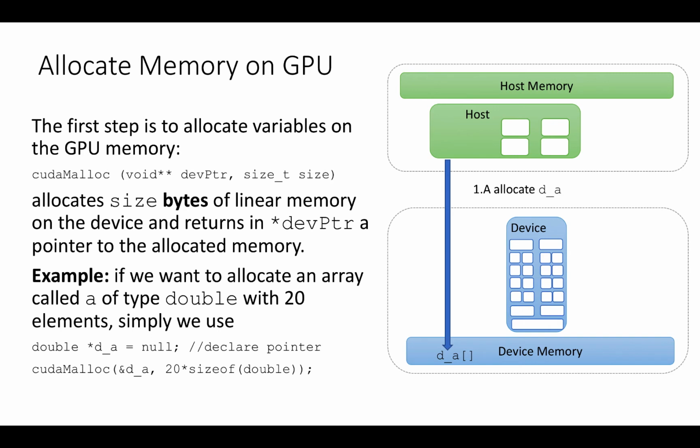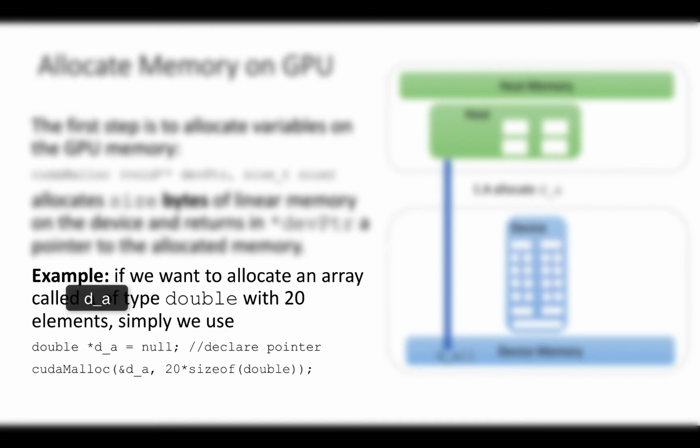The second point I want to make is that in CUDA, when we provide the size of an array, we provide the size in bytes. If C is not your mother tongue, you might find this also a bit of an unnecessary complication. So how do you do the memory allocation in practice? Let's take an example of allocating an array called A of type double with 20 elements.